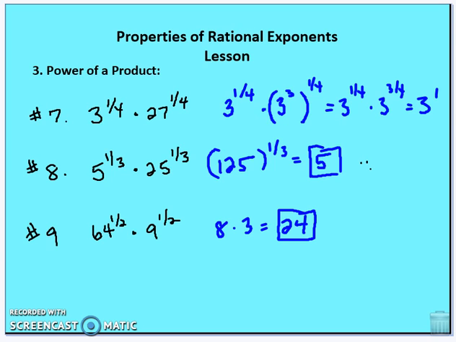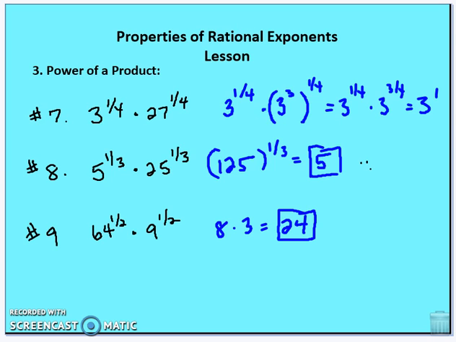Problem number 8, 5 to the 1/3 times 25 to the 1/3 is 125 to the 1/3, which is 5, and then 64 to the 1/2 times 9 to the 1/2. I end up with 64 to the 1/2 as 8, and then 9 to the 1/2 is 3, multiplying those together.